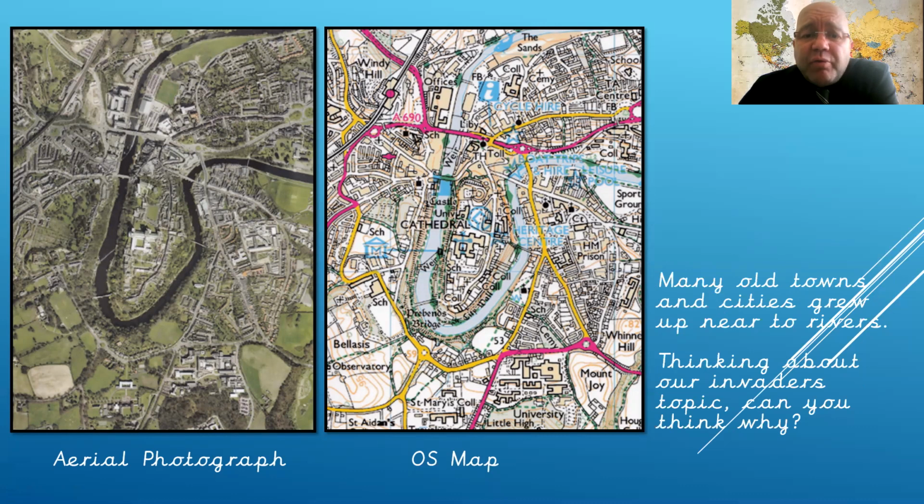So water was really, really important. And as a result, in fact, most of our older towns and cities are on rivers for exactly that reason. So you had close access to drinking water, washing water, water for your animals, and transport.